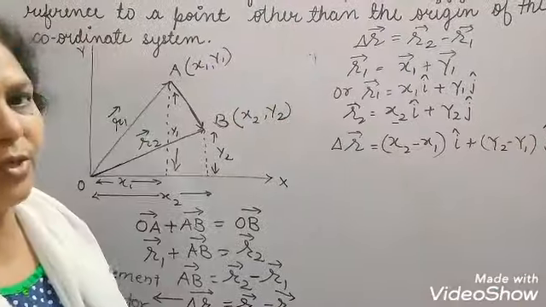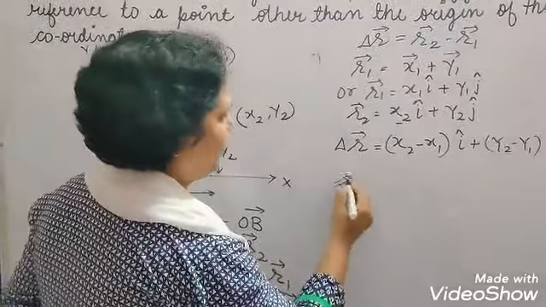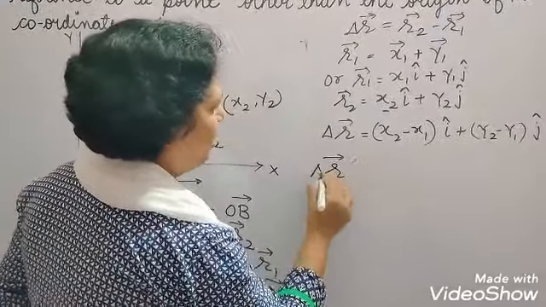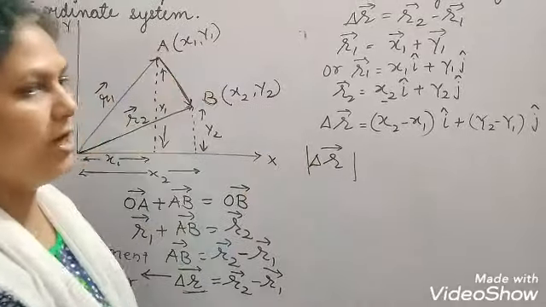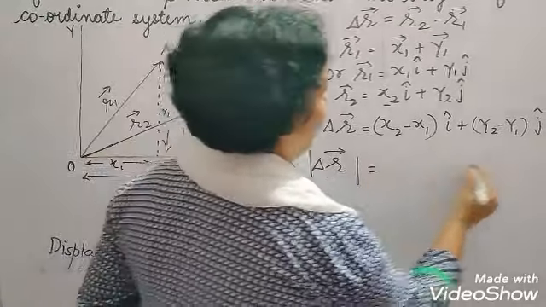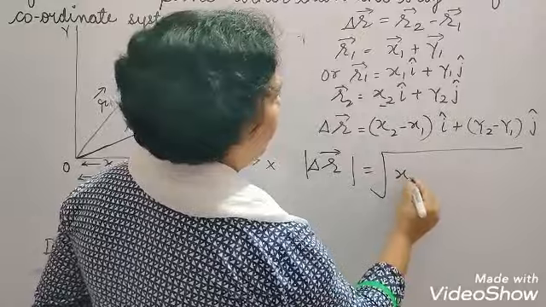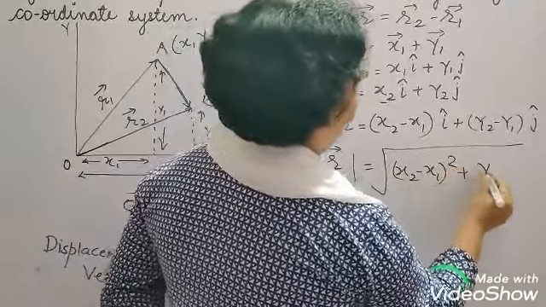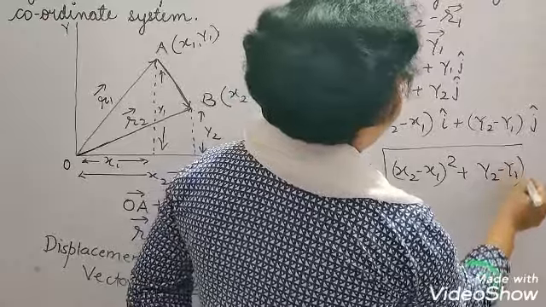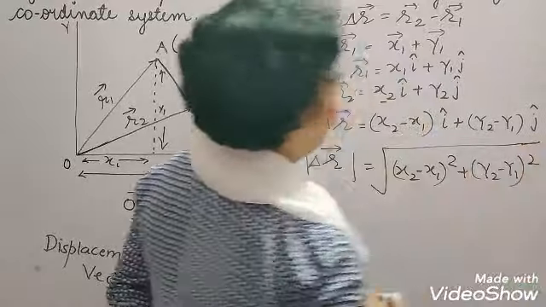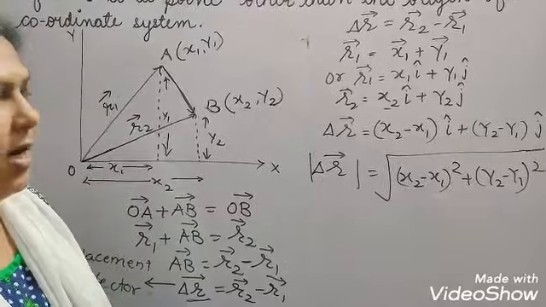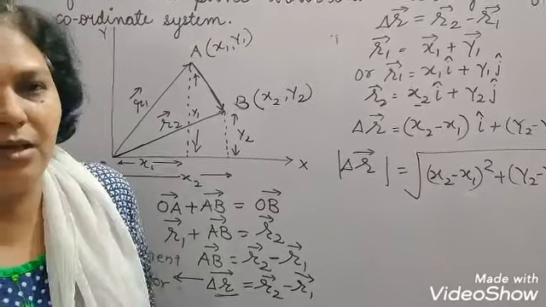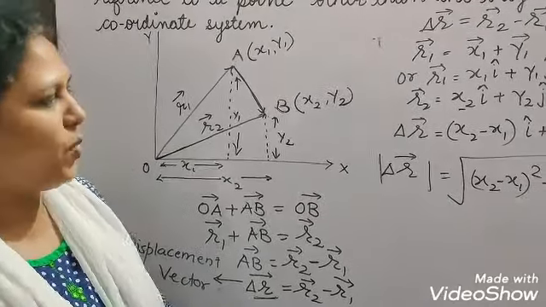Now if we calculate the magnitude of this displacement vector, the magnitude will be equal to root of x2 minus x1 the whole square plus y2 minus y1 the whole square, as we have seen earlier while calculating the magnitude of the position vector.